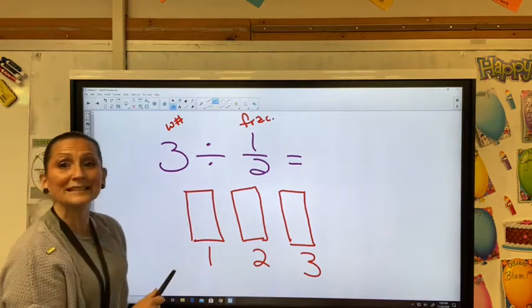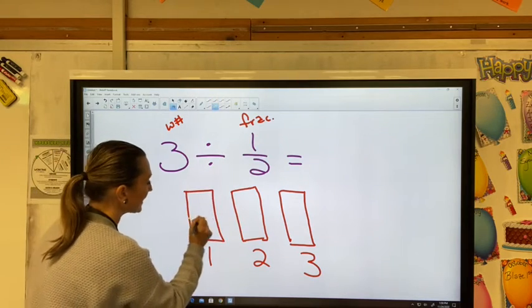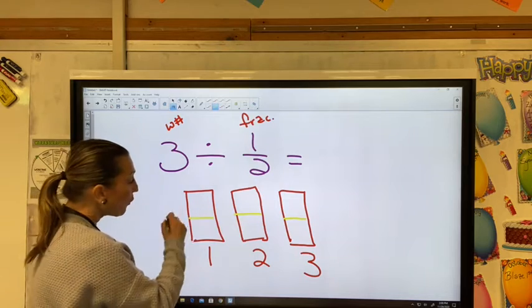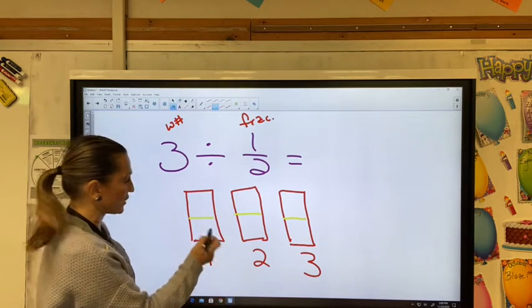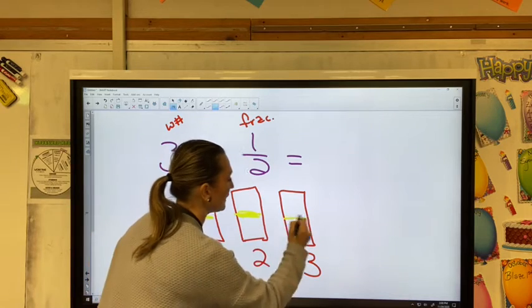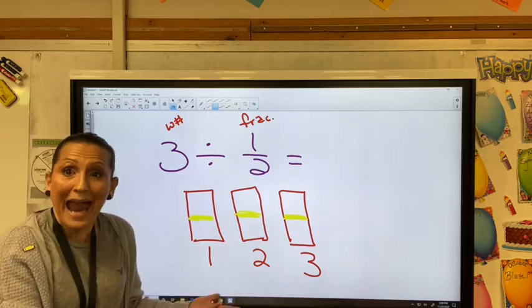And all this is asking me to do is take those wholes and divide them into halves. I like using this yellow because it's really easy to see when you divide it in half. So when I divide them in half then, 6th graders, there's half. Here they're divided in half. Here they're divided in half. It then asks you, how many halves do you have?